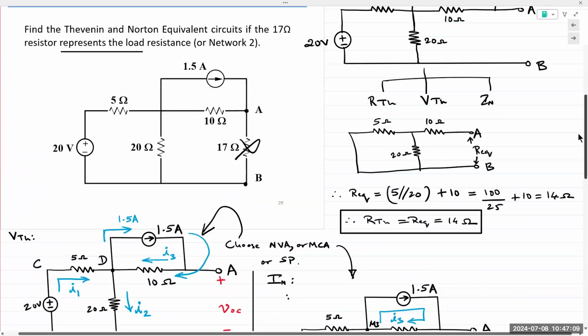Again, it's a guaranteed 30-point problem on the final exam. It will run about 4 pages in length, and it will assess everything from chapters 1 and 2. Req, node voltage analysis, mesh current analysis, voltage division, current division, everything.